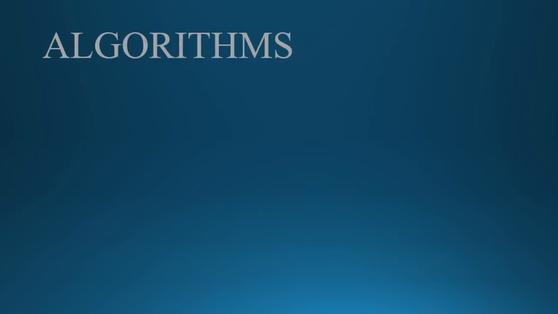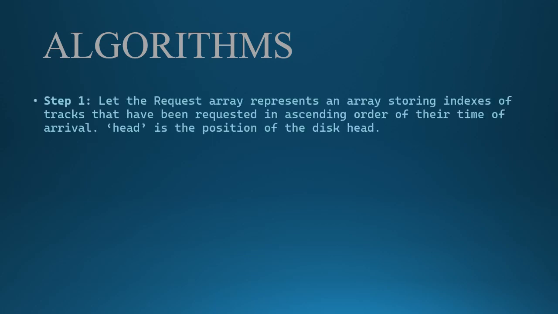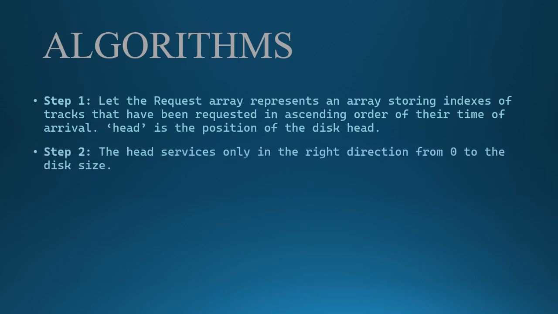These are the steps of the algorithm. Step 1. Let the request array represent an array storing indices of tracks that have been requested in ascending order of their time of arrival. Head is the position of the disk head. Step 2. The head services only in the right direction, from 0 to the disk size.